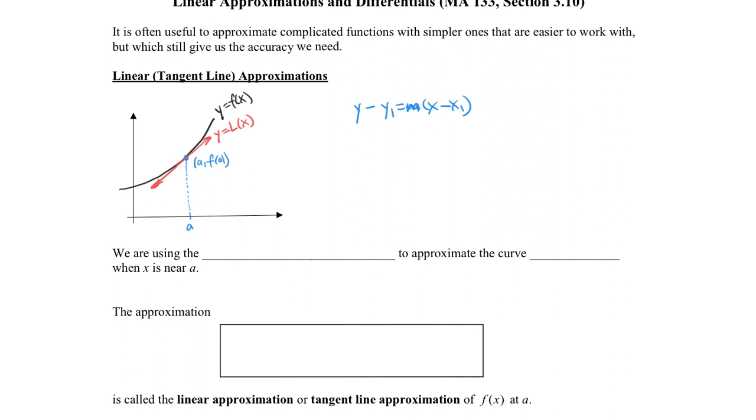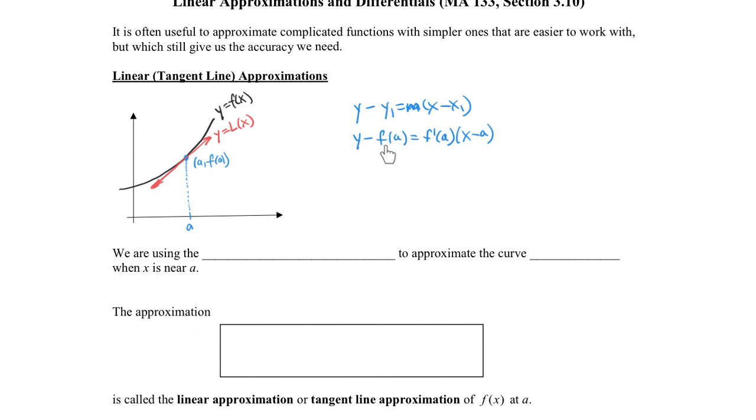Slope of a curve. So we could fill in these values and say y minus f of A equals the slope. The slope is f prime of A, right? The slope of the curve at A, or equivalently the slope of the tangent line at A, is just the derivative of this function evaluated at A. And then we go x minus x sub 1, which is A. And then we could easily just solve this equation for y.